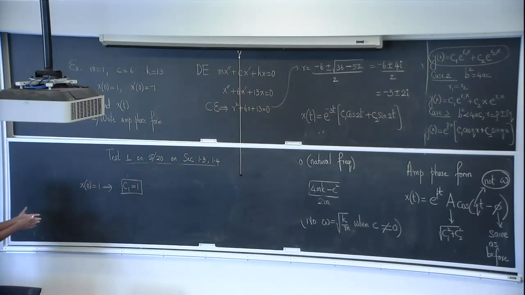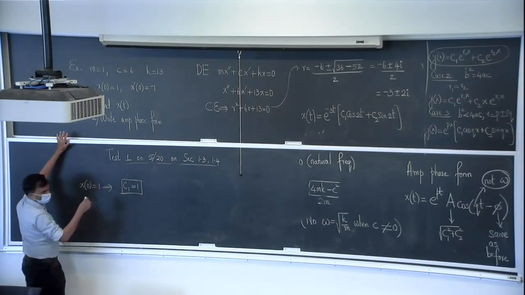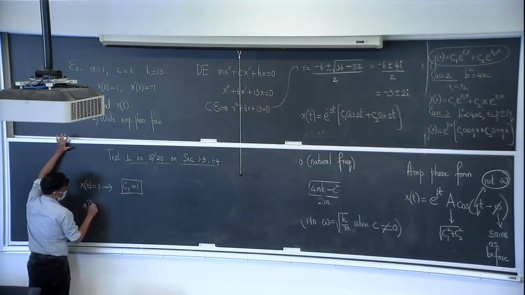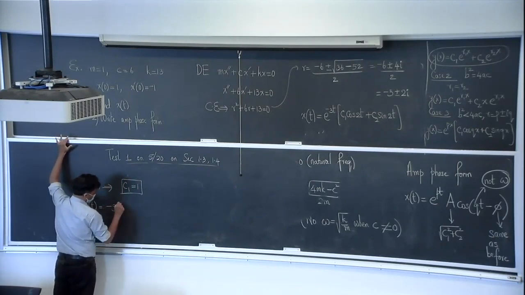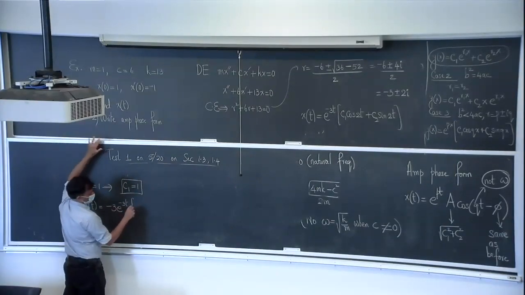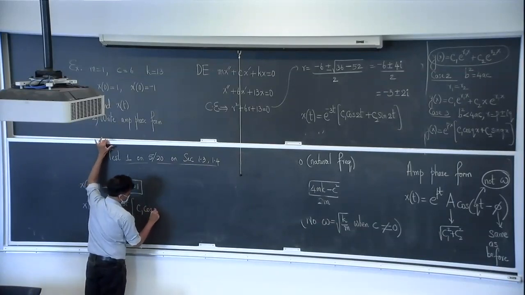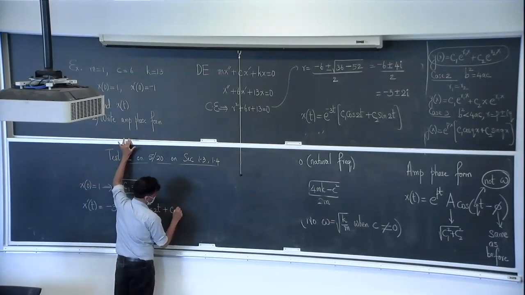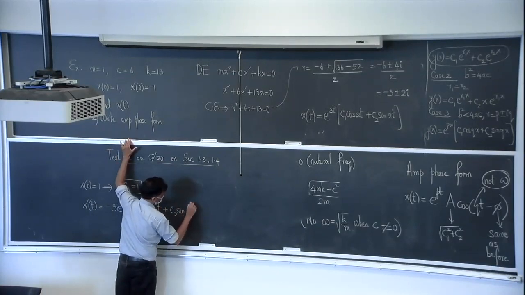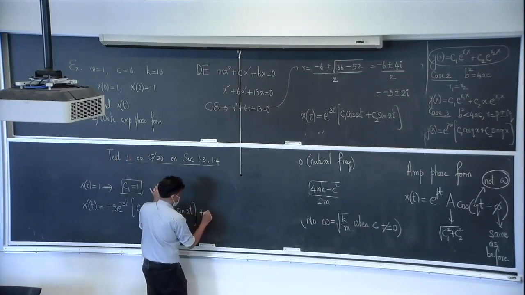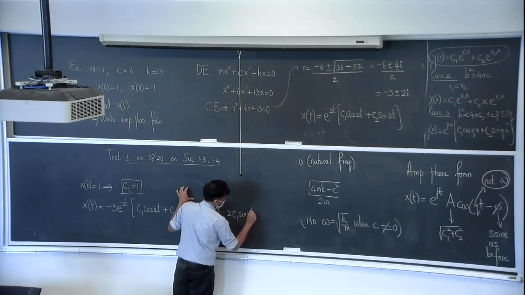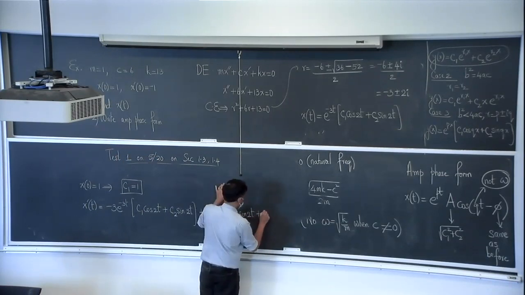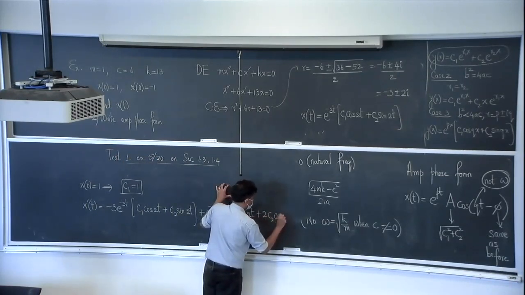Now you have to find the derivative of this, which involves product rule. So x prime of t, the derivative of e to the negative 3t is negative 3 e to the negative 3t times the entire term cosine 2t plus c2 sine of 2t, plus the first term times the derivative of the second term, which is negative 2c1 sine of 2t plus 2c2 cosine of 2t.